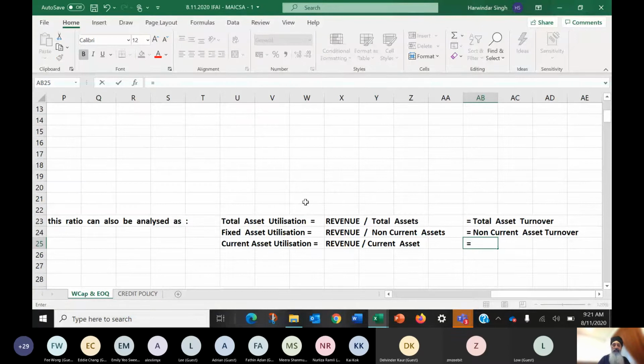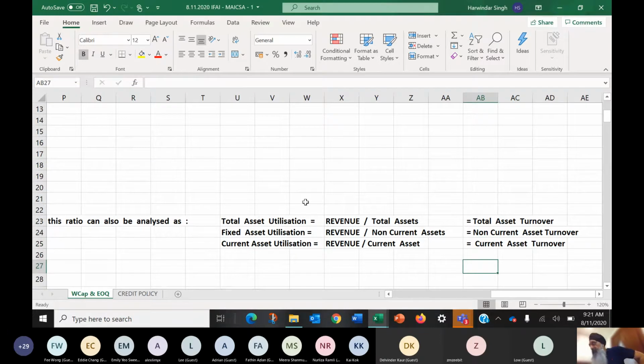And this will be current asset turnover. Now, this current asset turnover can be analyzed into inventory turnover or accounts receivable turnover. Those are the components. So when you are looking at just purely the turnover, then you use revenue for everything.